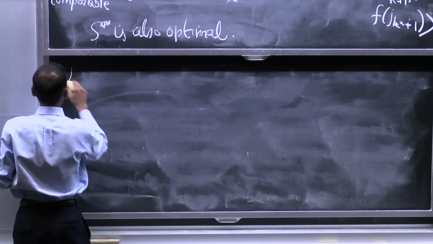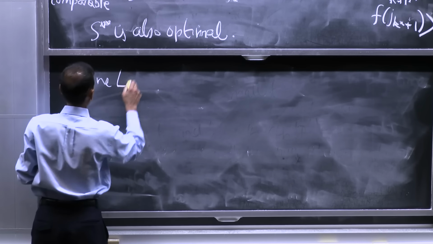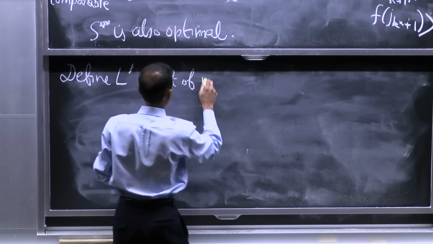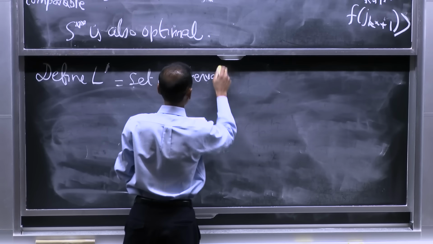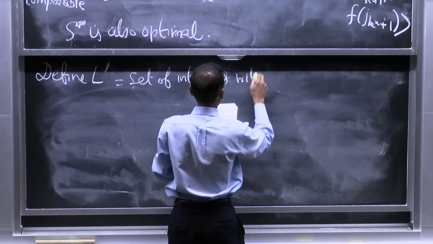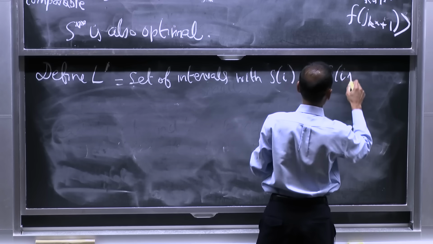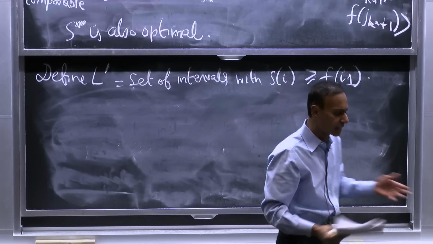Now I'm going to define L prime as the set of intervals with S of I greater than or equal to F of I1. Right? So what is L prime?